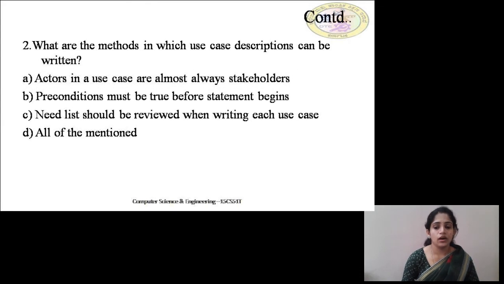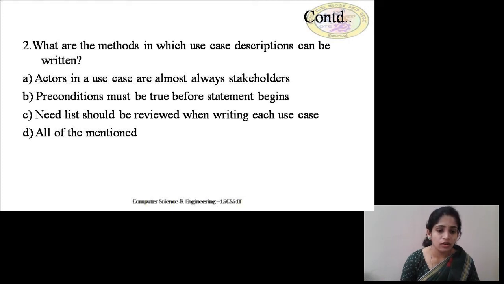Second question. What are the methods in which use case diagrams can be written? Option A, actors in a use case are almost always stakeholders. Option B, preconditions must be true before the statement begins. Option C, the need list should be reviewed when writing each use case.